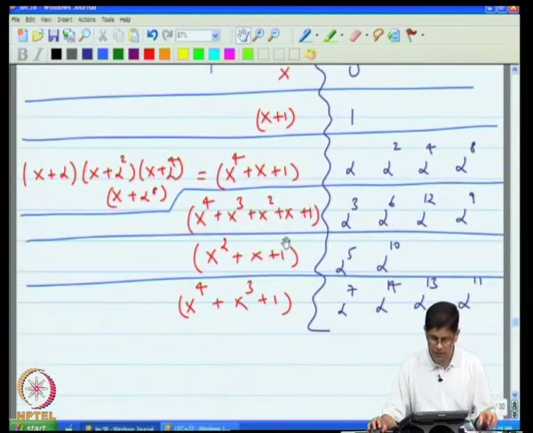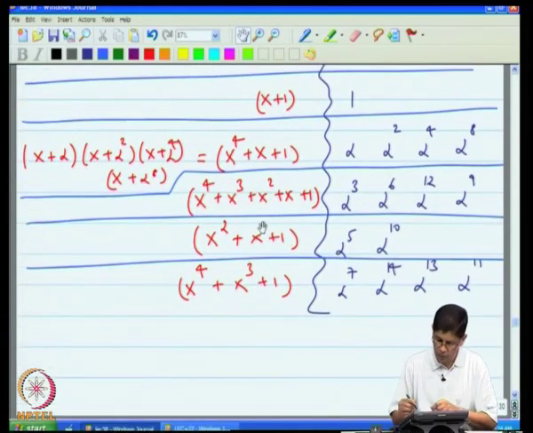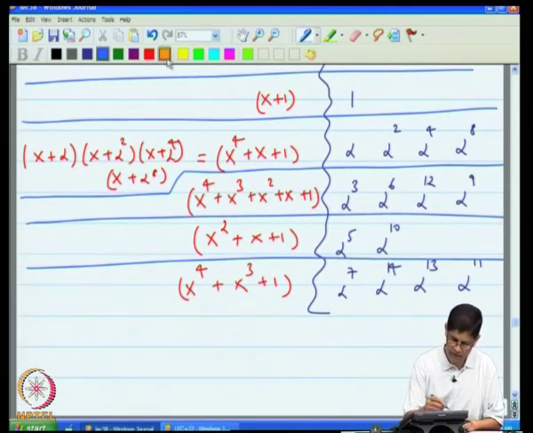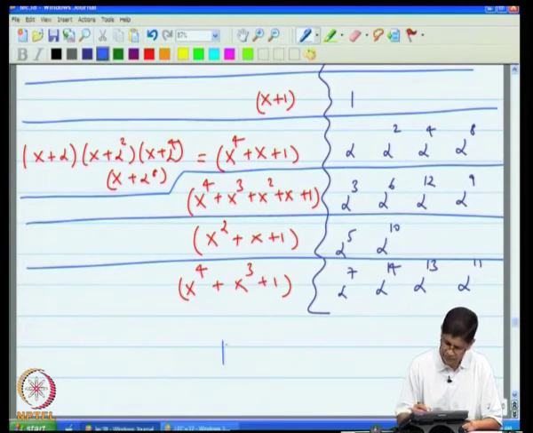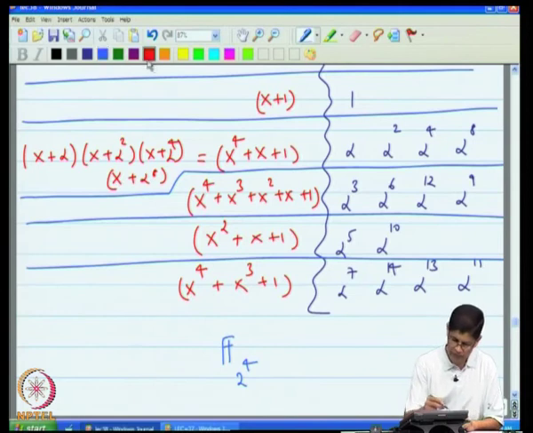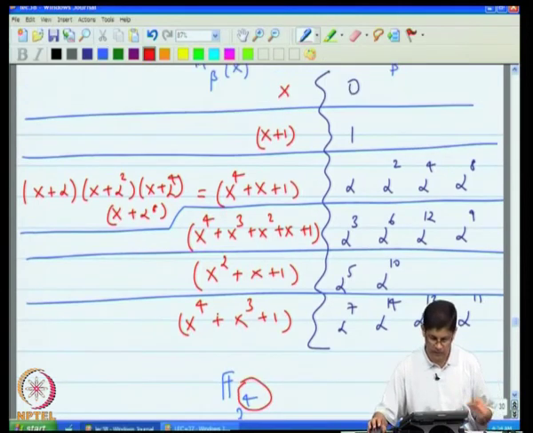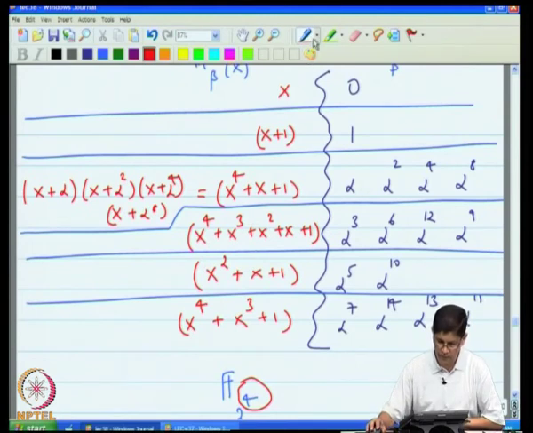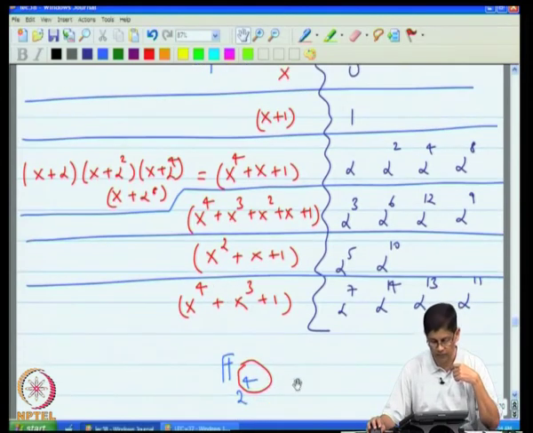So, where does 4 come into the picture? Well, 4 comes into the picture because after all you are dealing with f of 2 to the 4. And it is this 4 that is actually causing these degrees to be either 4 or else, interestingly, divisors of 4, and this is always going to be the case.